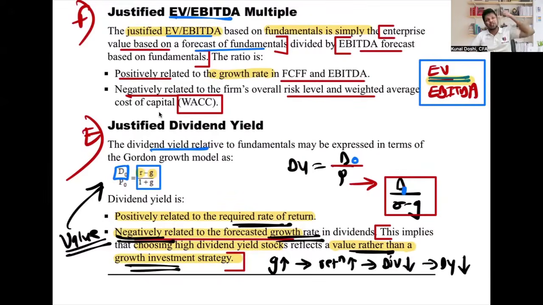Again, the EV has to be estimated. In the EV, remember, market value of equity will be estimated value based on Gordon's growth, the forecasted value. That's it. Otherwise, there's no difference. And then you will discount that valuation at WACC, because EV is for the whole firm. So like FCFE, you discount with cost of equity, EV you will discount with WACC.